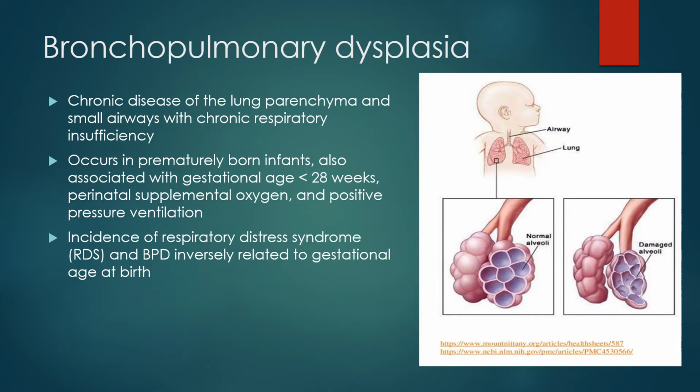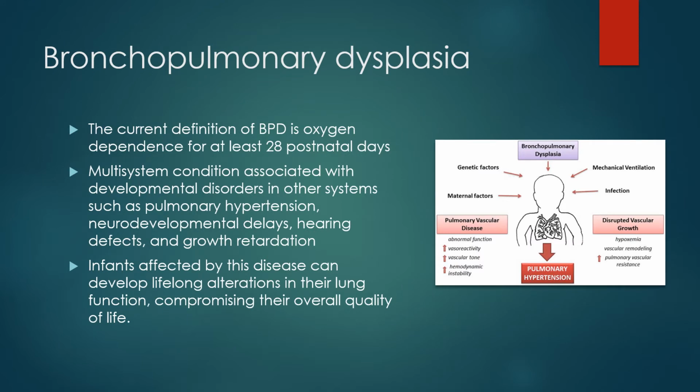Currently, BPD is graded as mild, moderate, severe based on the oxygen requirement and the need for ventilatory support. The current definition of BPD is oxygen dependence for at least 28 postnatal days.